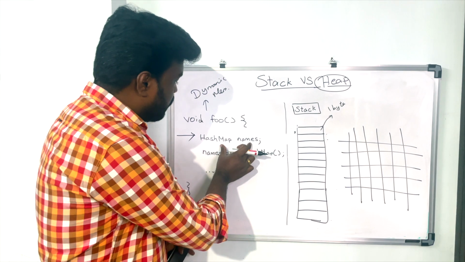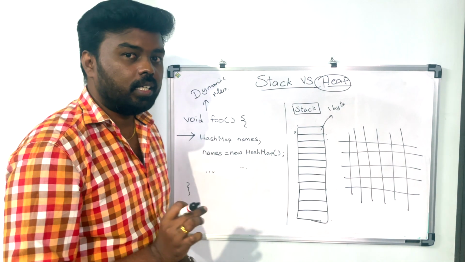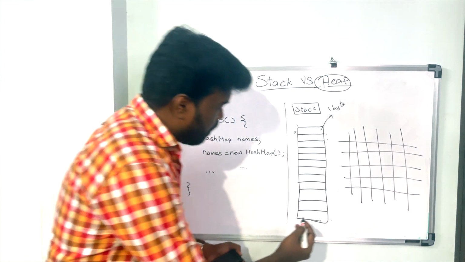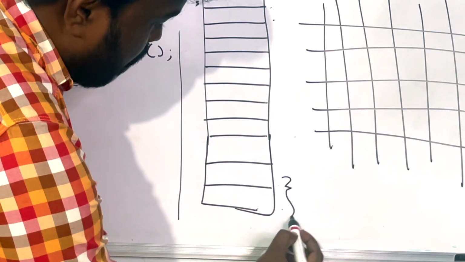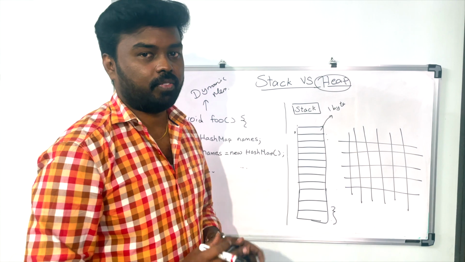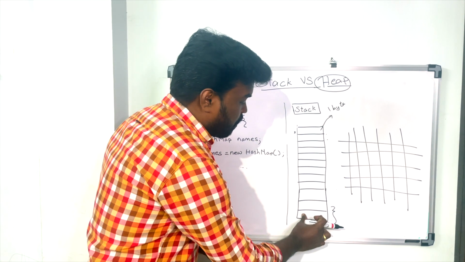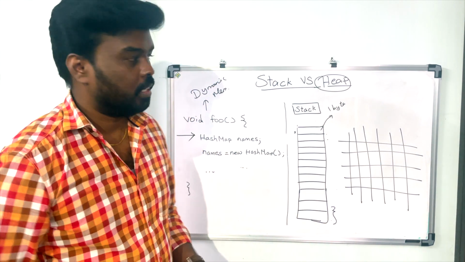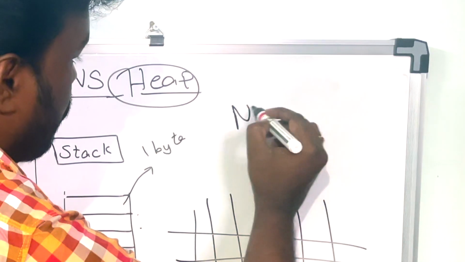But in this case, we just declared the variable, we didn't initialize it yet. So it allocates some piece of memory in the stack, but that particular block of data is empty at this point of time. It does not have a reference to a valid memory in the heap. And this is what we call a null reference.